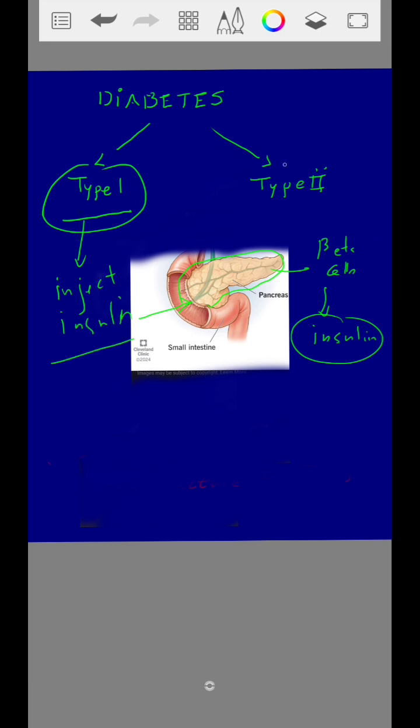Now, type 2 diabetes occurs mostly in older people, usually older than 40 years old, but it can happen in younger people as well.